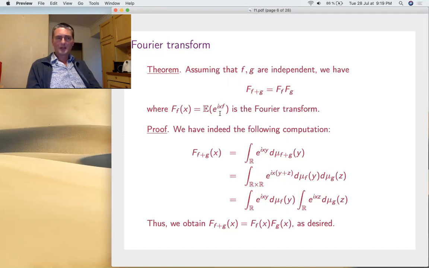The logarithm linearizes the convolution, just by Fubini. It's straightforward, it's just Fubini. So that's going to be the Fourier transform, the simplest formula without any minus or pi or something.